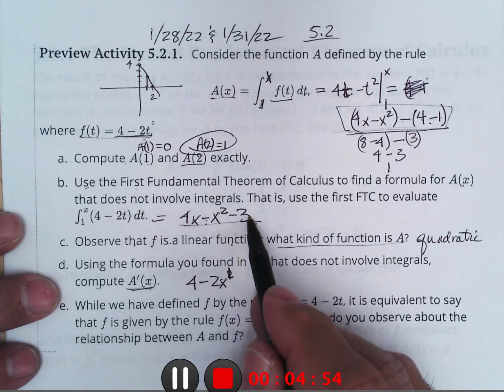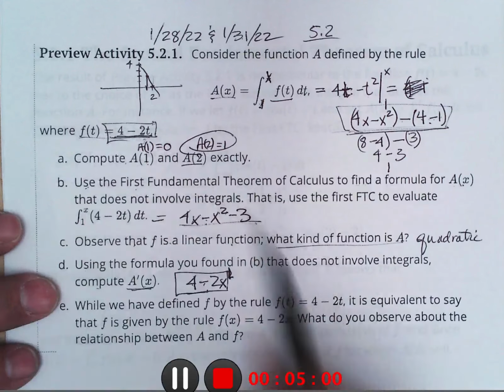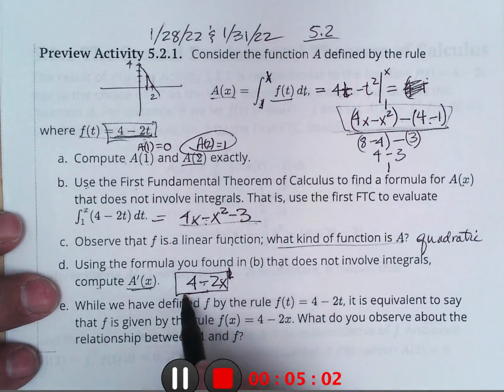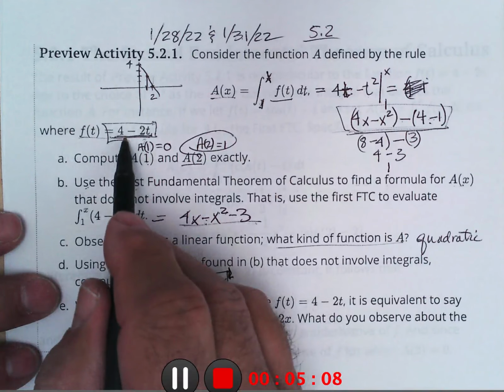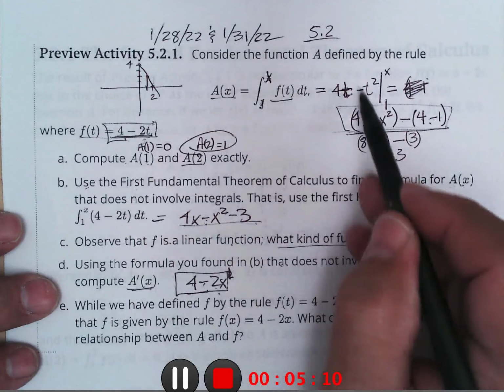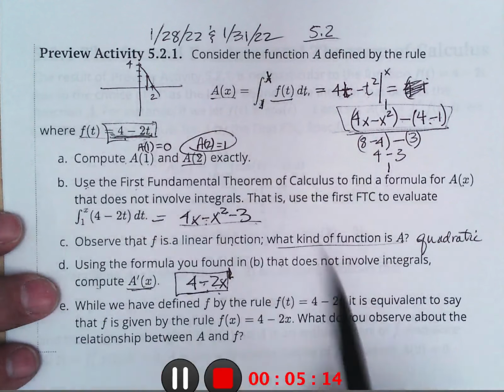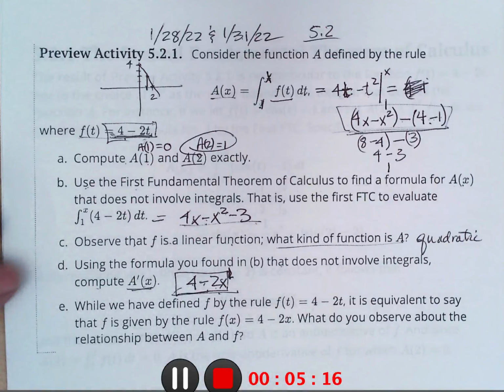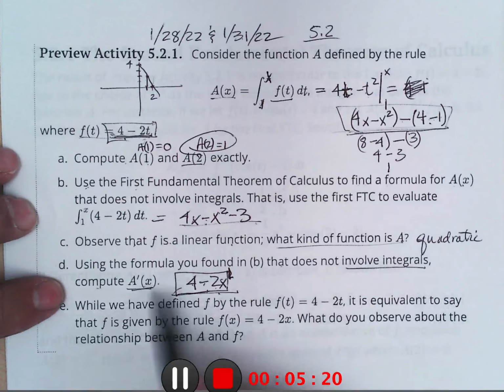So it's 4 minus 2x, which is what this was, except this had t and now this has x. We could have guessed that, since this is x, we could have put it in place of the t and called it 4 minus 2x, which is what it worked out to be. And we didn't use integrals, we found the derivative that way.